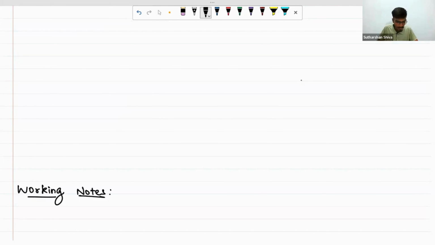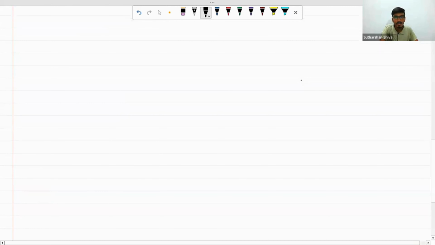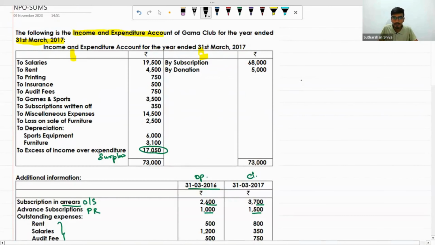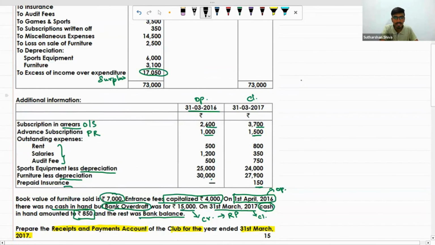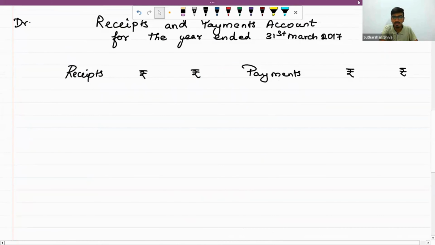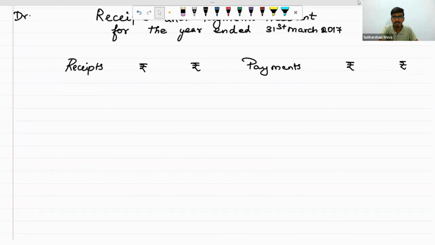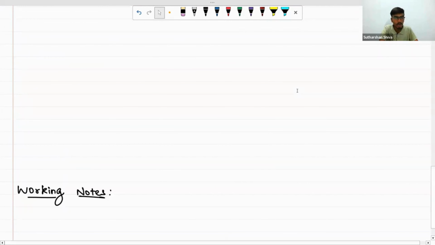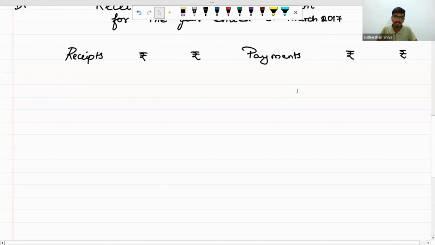First thing, my income side is very less, very few items will be there, so I will go with my values. Either in two ways I can show it. One, I can show the subscription in the working note, or else I can directly show it in the receipts and payments account by making the adjustment.